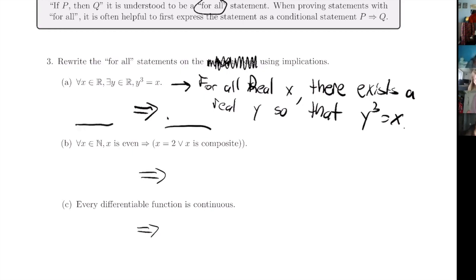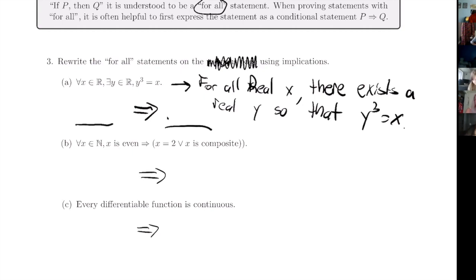We need a statement P and a statement Q over here. Anybody have an idea about what could be in place of P, what can be in place of Q?